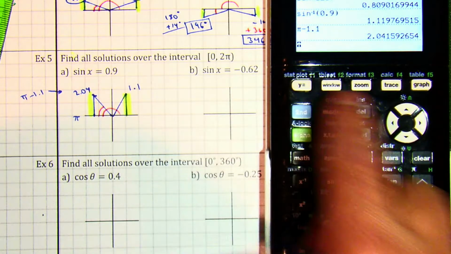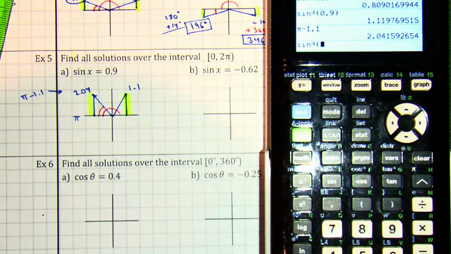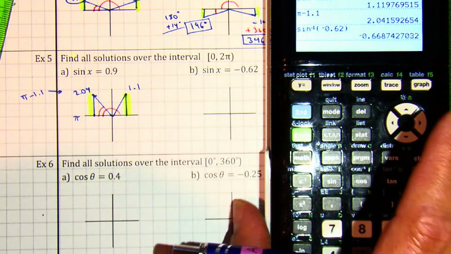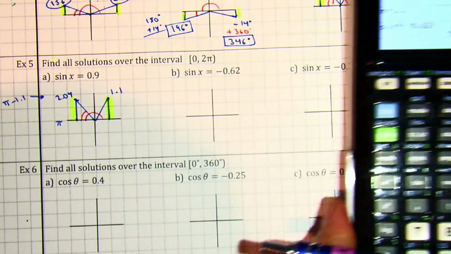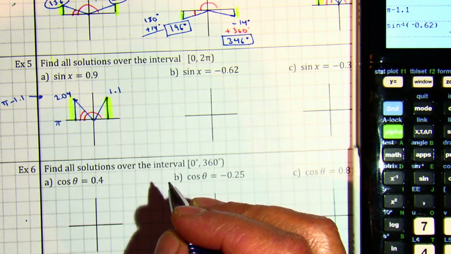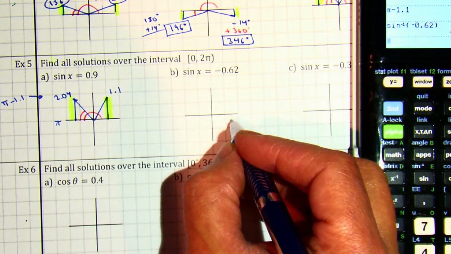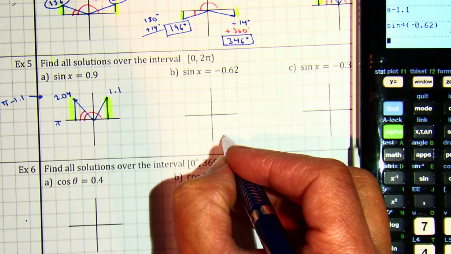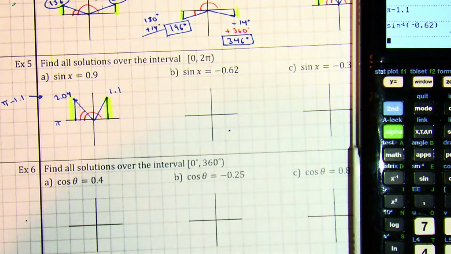The inverse sine of negative 0.62 in radians will give me negative 0.6. So I'm going to have to use one decimal place. So negative 0.7. 0.7 radians are around here, so probably a little less.